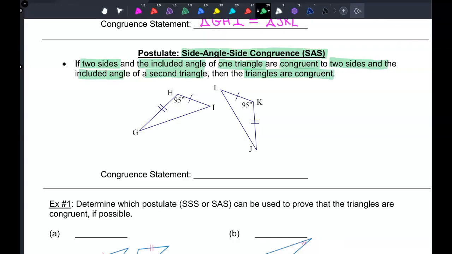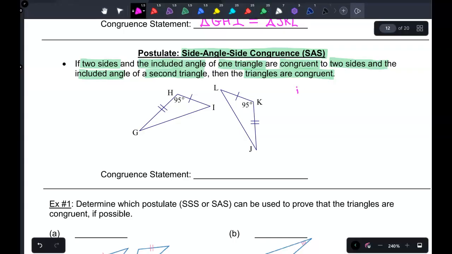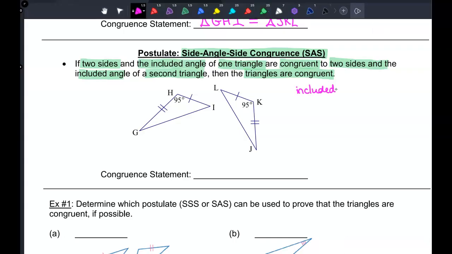Now, the included angle is where the congruent sides meet. So where do the 2 congruent sides meet in the first triangle, the one on the left? They meet at H. Do you see how that's included?